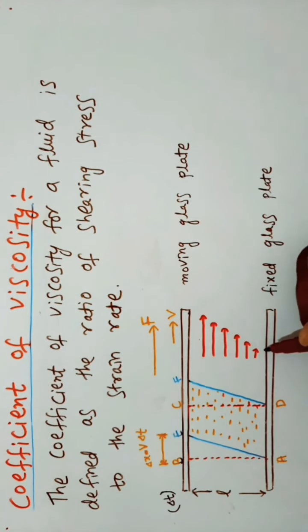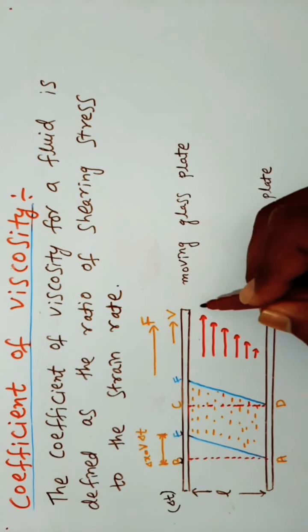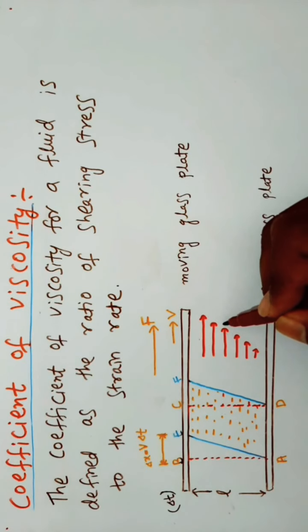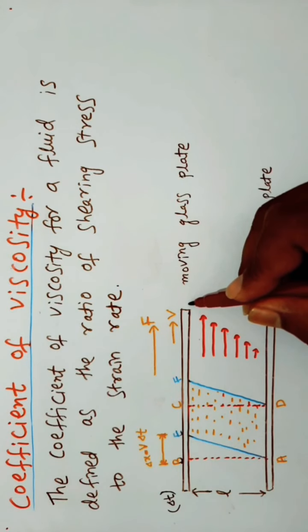The velocity of the layer at the bottom is 0. As we move to the top, the velocity of the layers increases. At the top, the layer velocity is maximum.